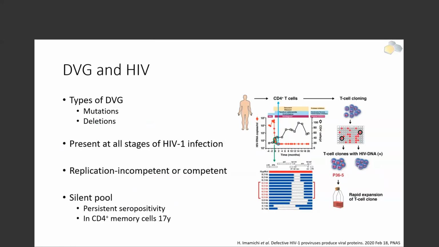In fact, CD4 memory cells that have been 70 years old have been reported to harbor these DVGs. Although the patients seem not to have any traceable HIV detected, they maintain some seropositivity exactly because of these DVGs. So it's an interesting observation, and a lot of scientists have proposed DVGs for therapeutic uses as well.